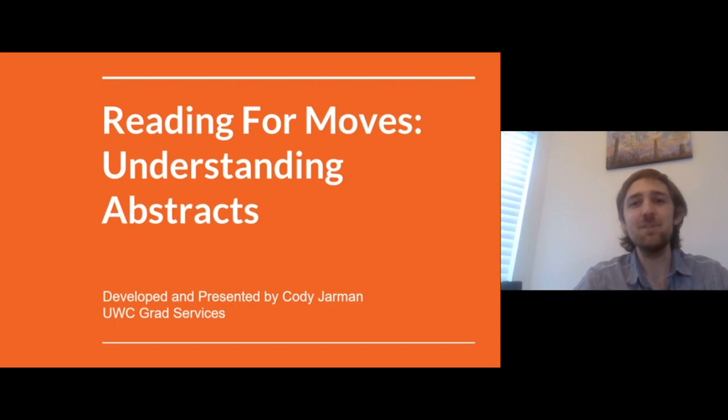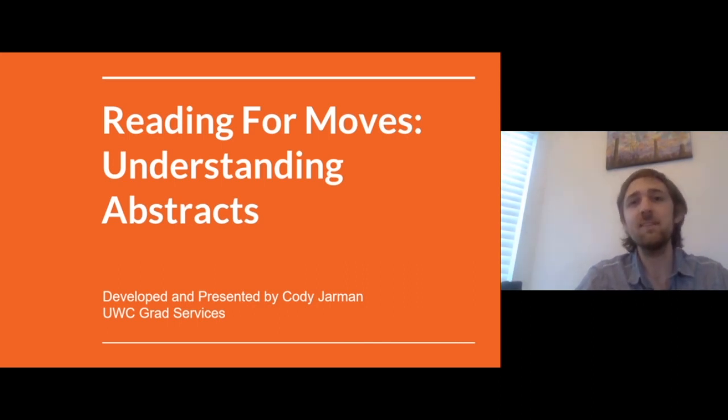Hello, my name is Cody Jarman, and in this video I'm going to be introducing you to the concept of rhetorical moves and talking with you a little bit about how those rhetorical moves can help us identify some of the primary purposes of the academic abstract as a genre of writing.